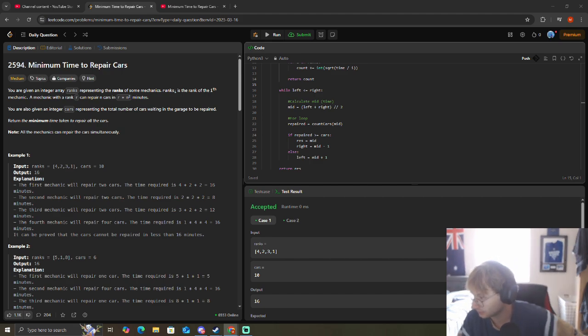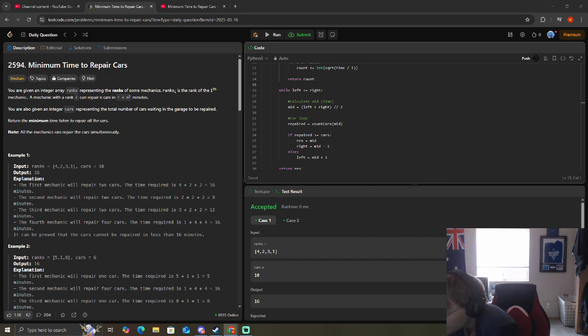Total cars repaired. Right is equal to 200. Our mid is 50.